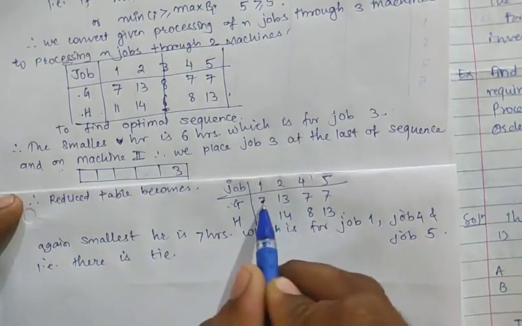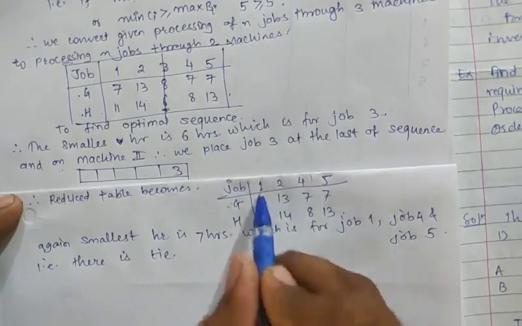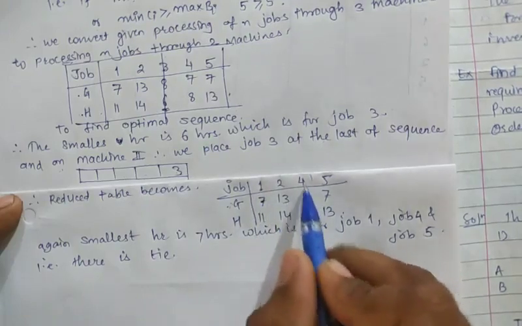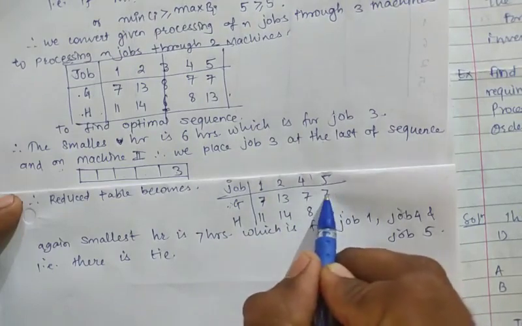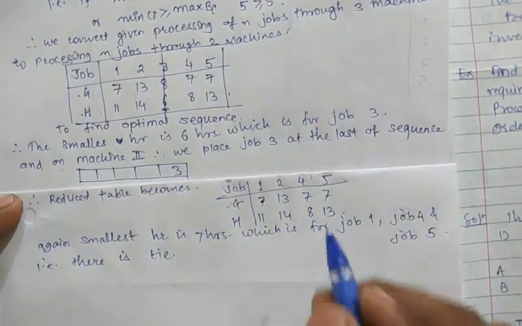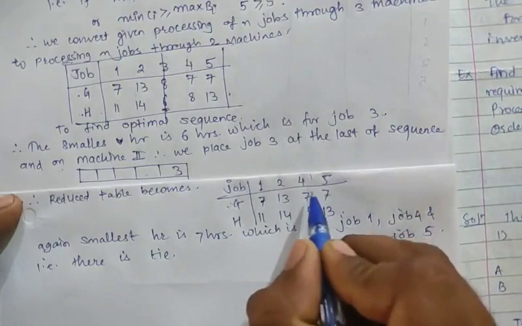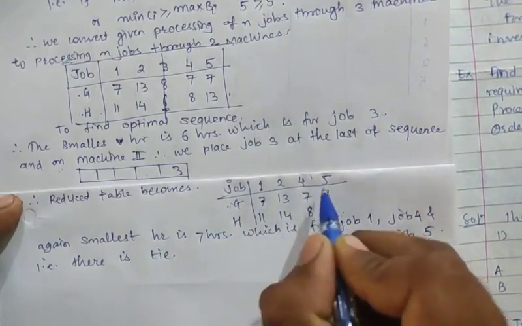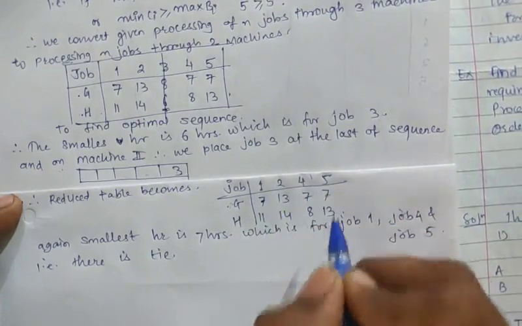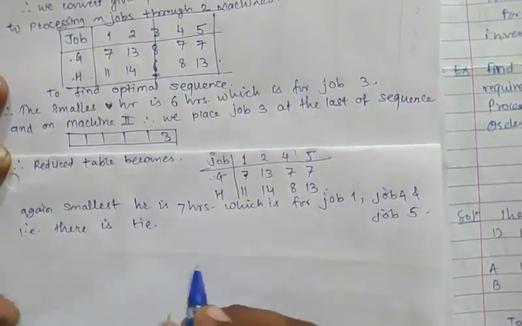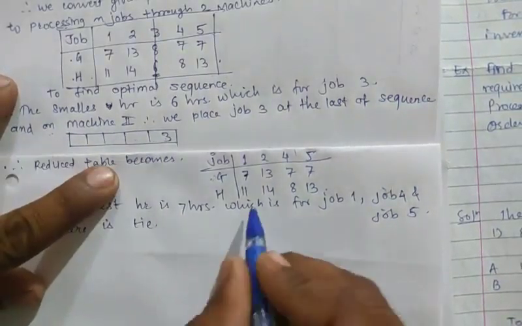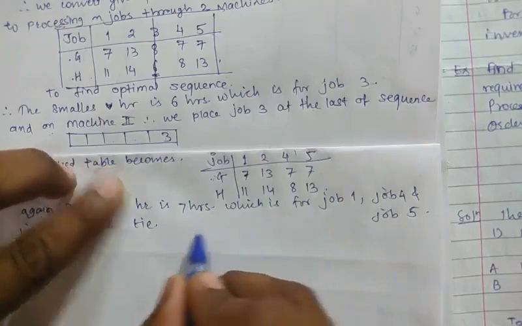So if we place job 1 first, then we place job 4 next, then job 5, or if we place job 4 first, next job 1, next job 5, like this. So we get different sequences, and many cases arise.